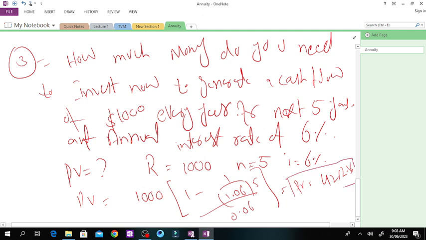This is the initial amount you need to invest today to generate a cash flow of 1,000 every year for the next 5 years.